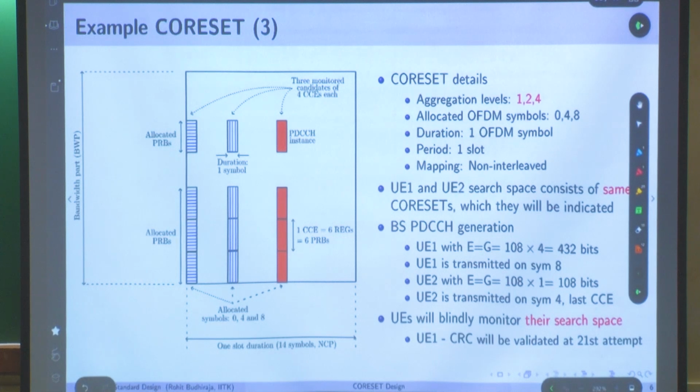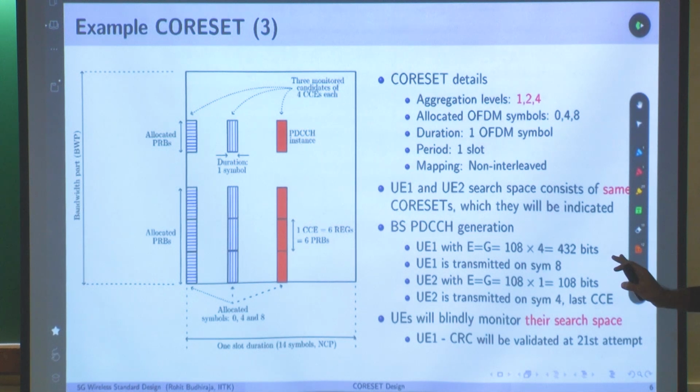What will happen? UE1 CRC will be validated at the 21st attempt. How will it be validated at the 21st attempt? See, it is not validated at the 3rd attempt. Now it's getting validated at the 21st attempt. Why? Because aggregation levels are defined at 1, 2 and 4. It's going to check first at aggregation level 1. How many attempts will it make here? 4 attempts: 1, 2, 3, 4.